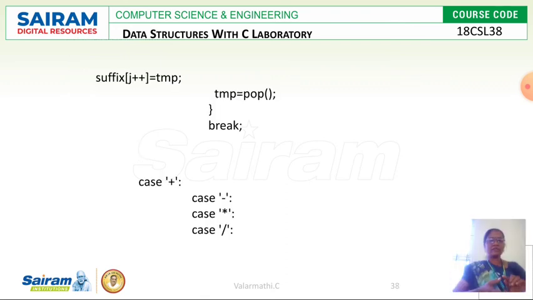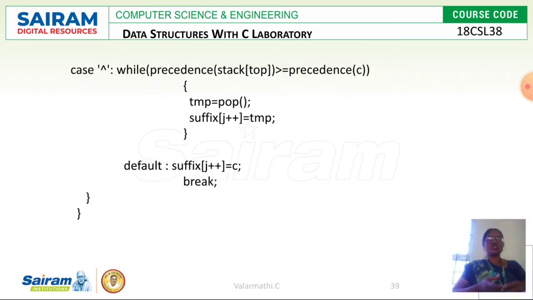Then case plus, case minus, case star, case division, and the power operator: these things should happen while the precedence of the stack top is greater than the precedence of c, because power has more precedence than the other operators, right?